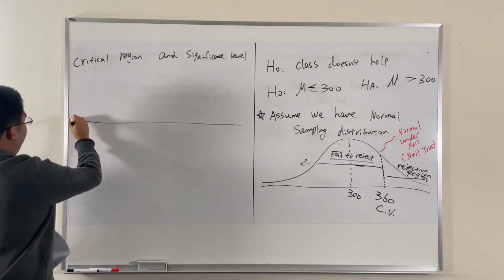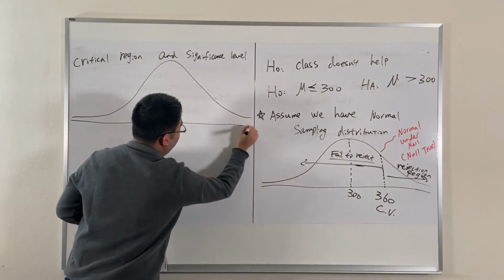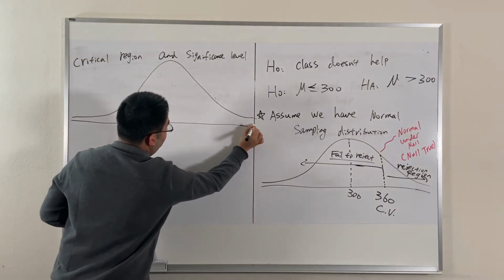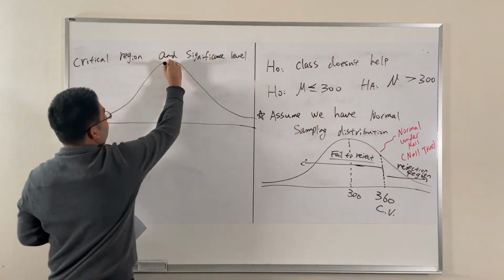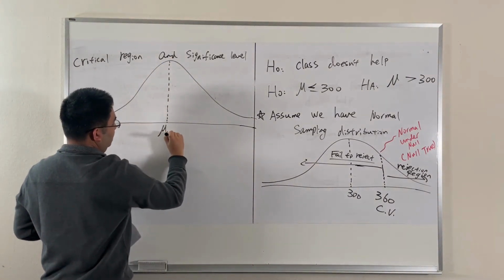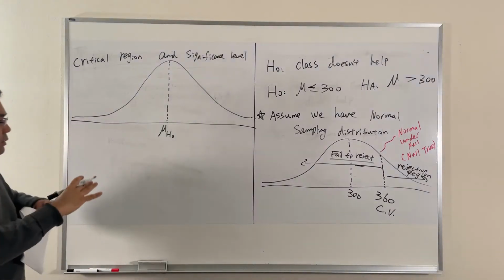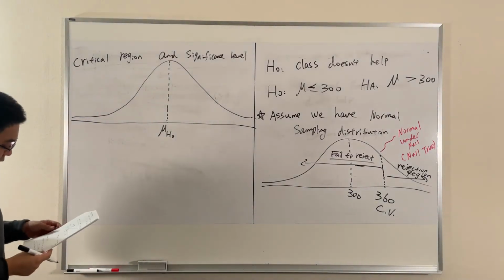Here. Okay. Okay, so what I'm going to do is I'm going to denote the mean to be mu H naught, right? So it is the mu under the null hypothesis, or assume the null hypothesis is true.